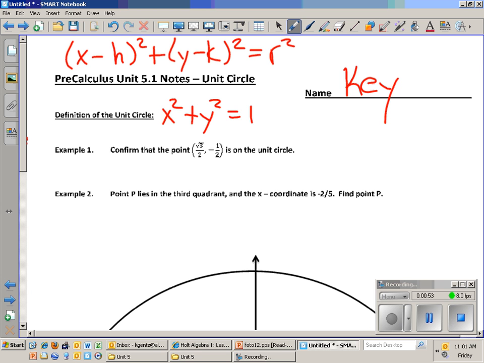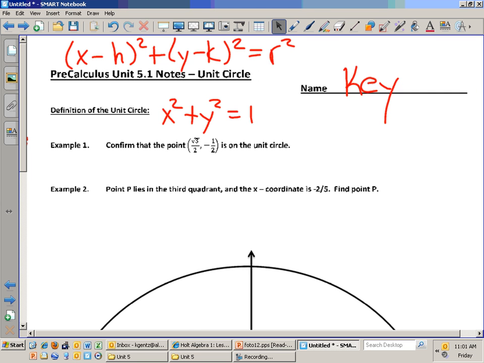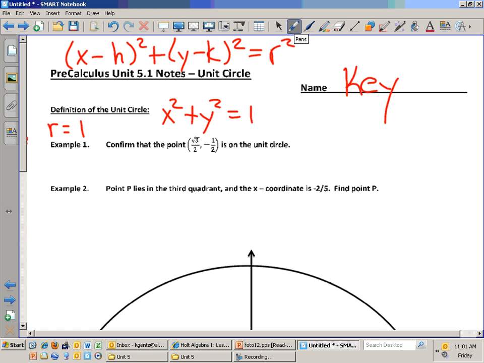So the definition of a unit circle is a circle that has the formula x squared plus y squared is equal to 1, where your radius is equal to what? 1. What do you think it's centered at? What's the center? 0, 0. Very good. That's why it's called the unit circle, because it has a radius of 1 unit.